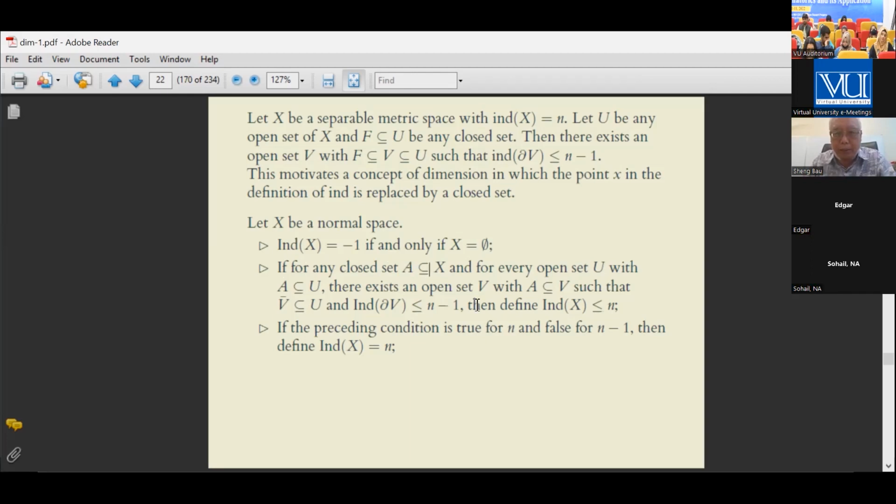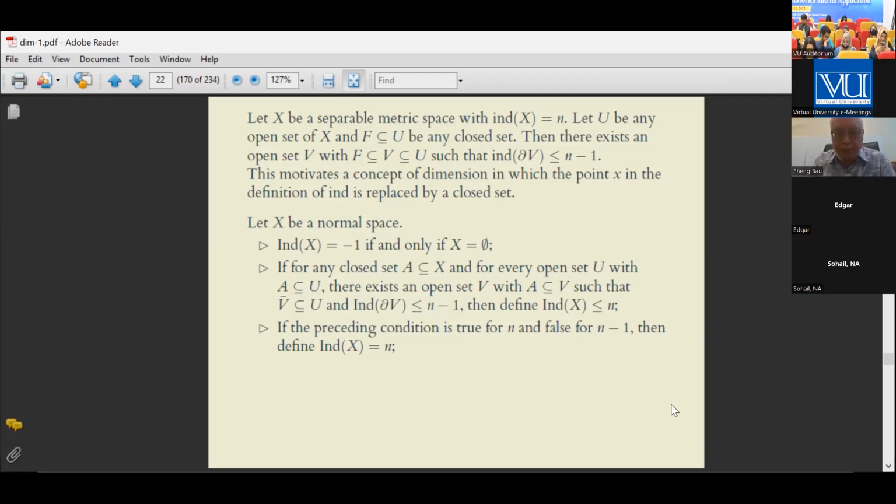So this is a closed set, a subset of the space, and that is an open set containing it. Originally, it was a point and an open set of which the point is a member, and using this boundary having upper inductive dimension at most n-1, we deduce that the space has upper inductive dimension at most n. And this is true for n and false for n-1. This is somewhat a completion clause. We stop somewhere and then we get the exact number.